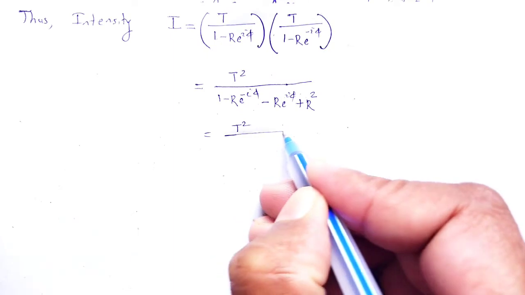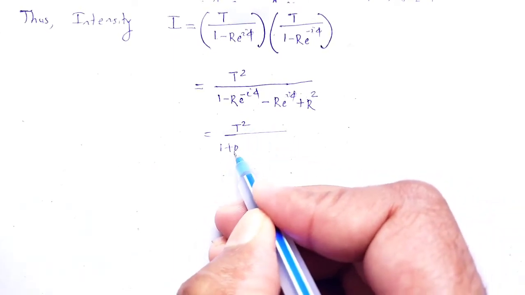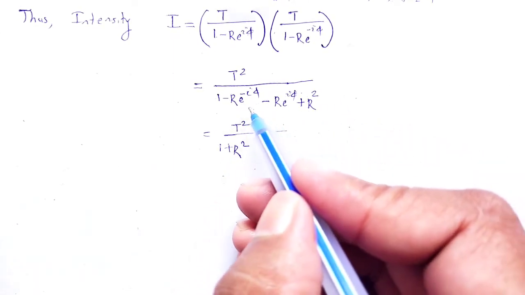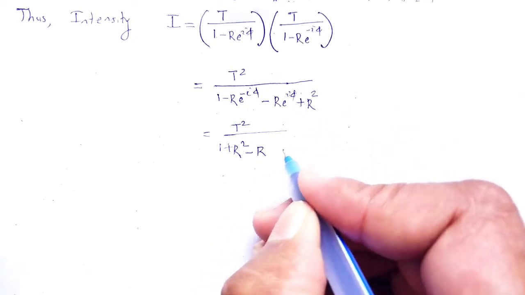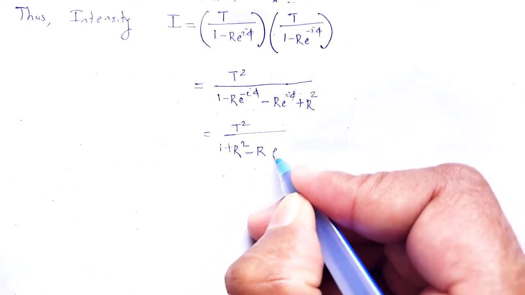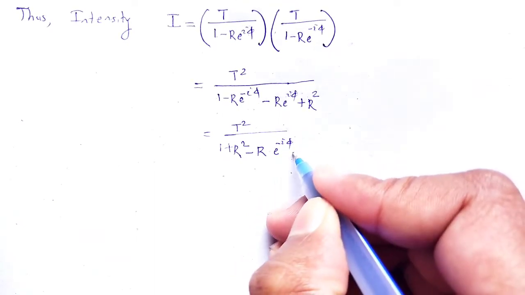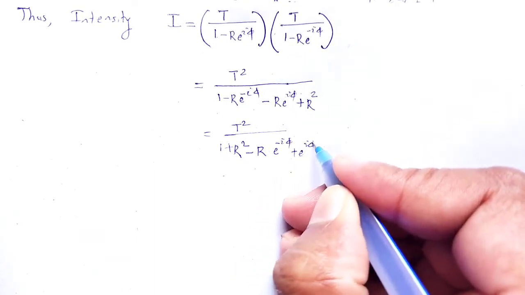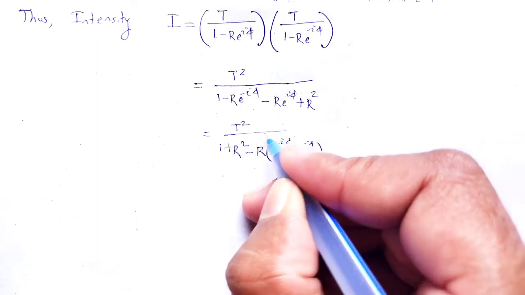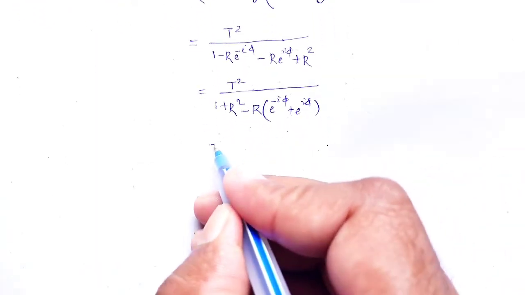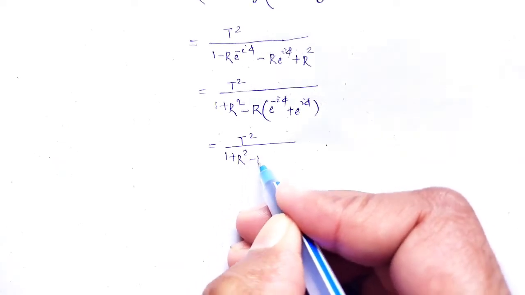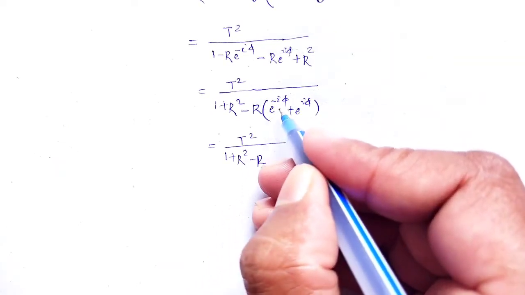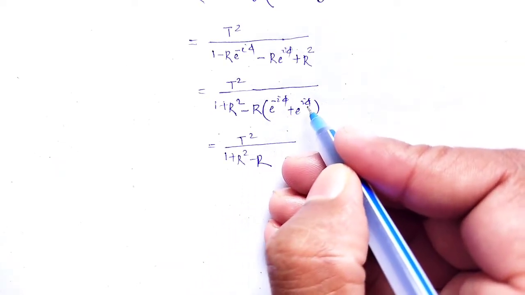Here T square divided by 1 plus r square, with r common, minus r inside that bracket we have e to the power minus i phi plus e to the power i phi. T square divided by 1 plus r square minus r times e to the power minus i phi plus e to the power i phi.